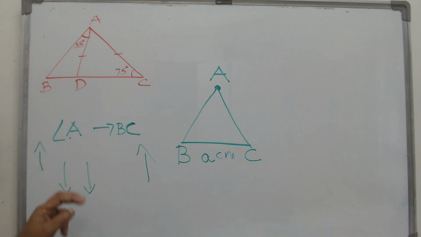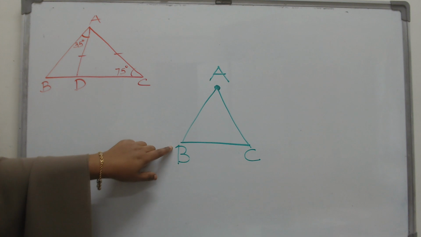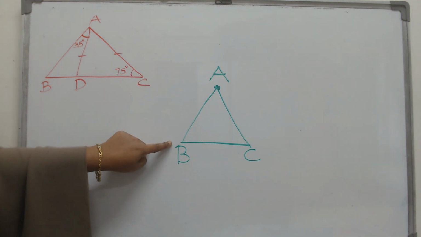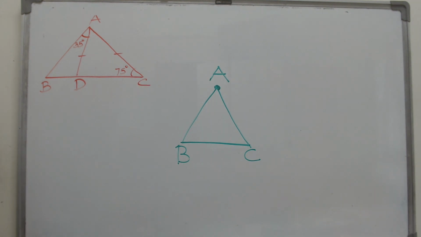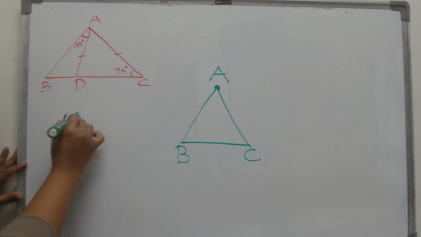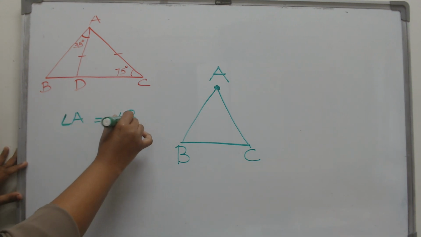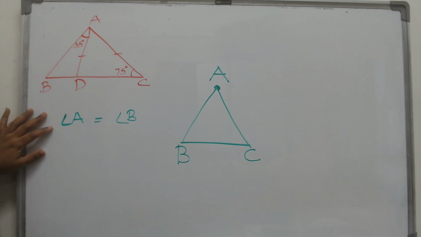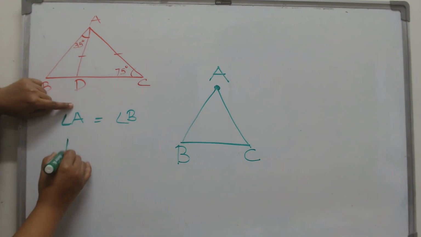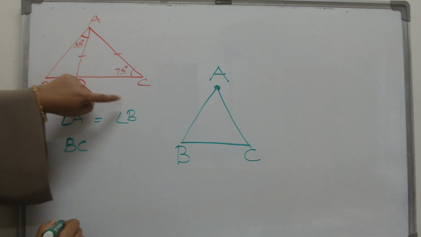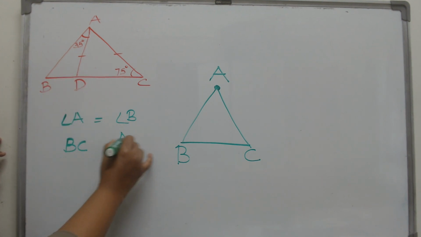Now how are two vertices connected? Let us see that. How does a relation between two angles affect their opposite sides? If two angles are the same, then their opposite sides, what are their opposite sides? The opposite side of A is BC. Opposite side of B is AC.